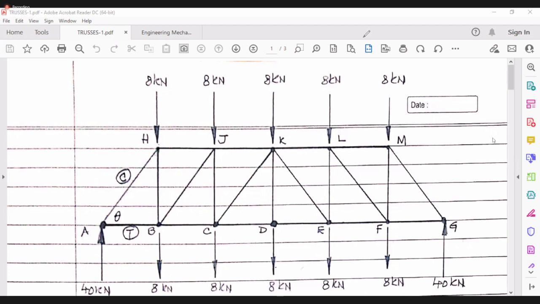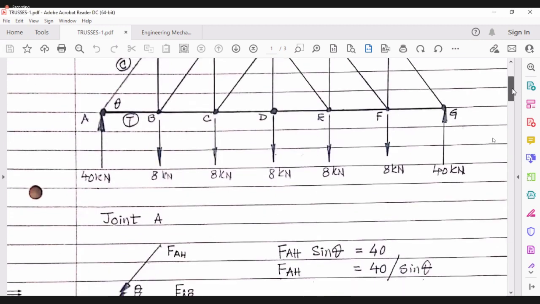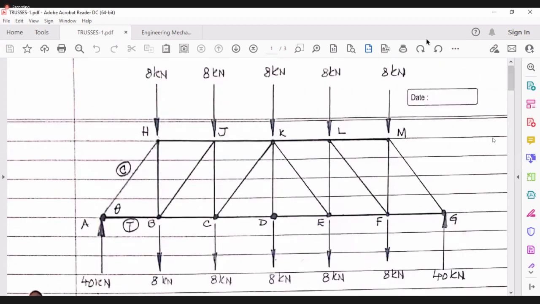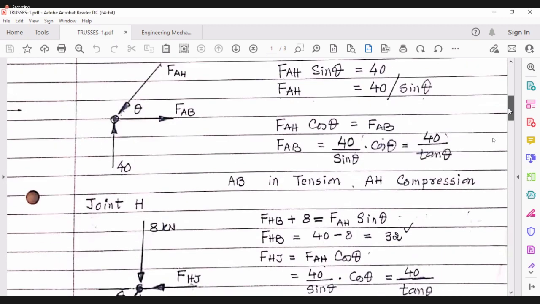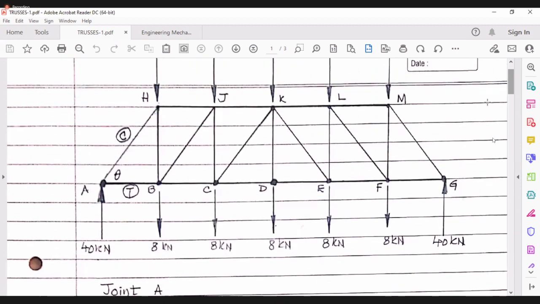Now, having done this, I come to the joint A. This is A and this is H. So this is an AH element.